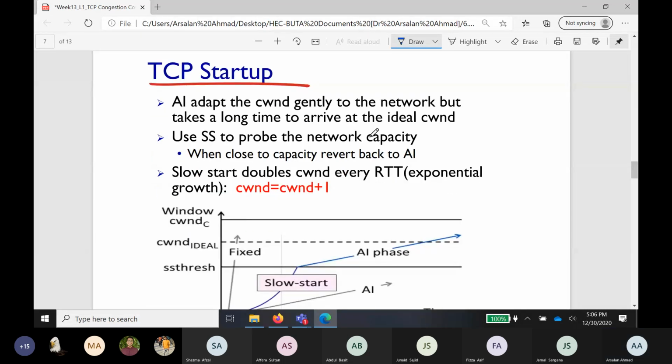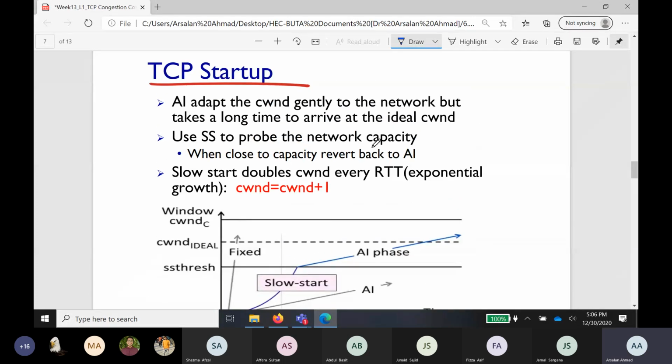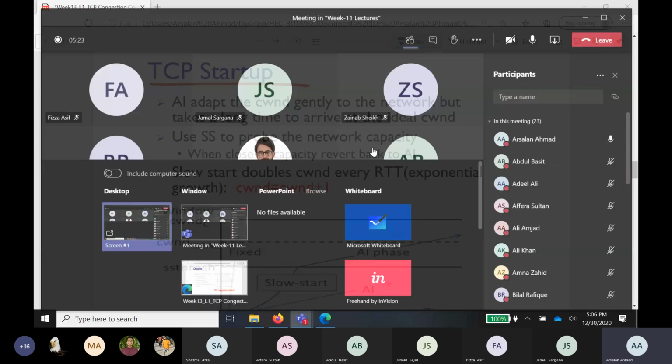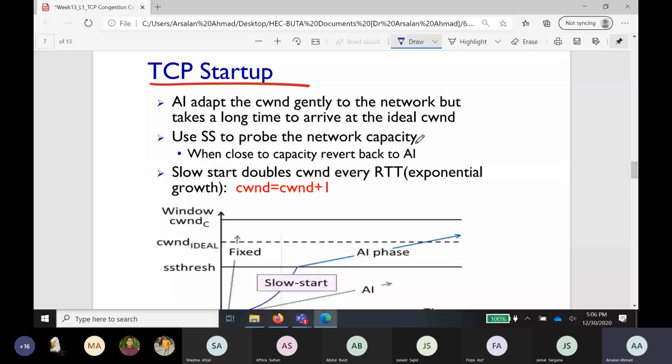Okay. And then we moved towards the next part, and we started this part. So let's continue from here onwards. Okay, and we discussed that we want to study the algorithms of TCP congestion control, and we will discuss three different algorithms: TCP Tahoe, TCP Reno, and TCP New Reno.